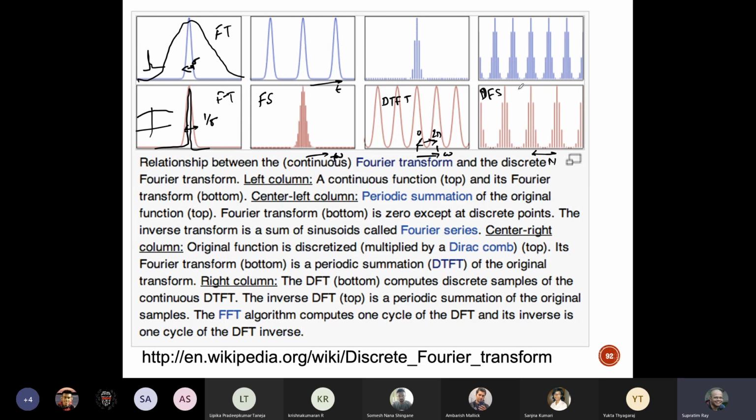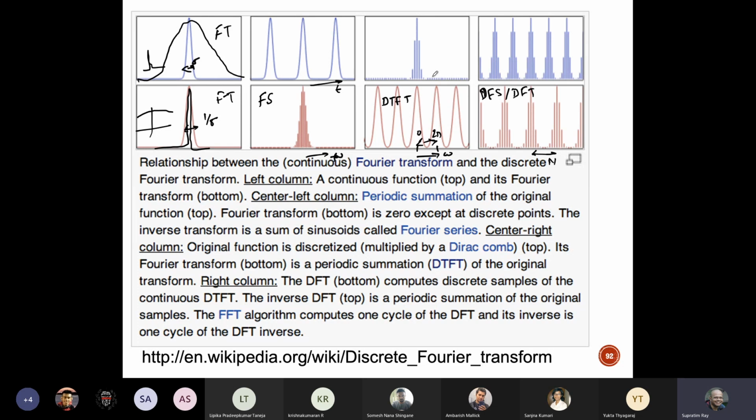And when you take the discrete Fourier transform, essentially that's what you are doing. You are sampling the DTFT at n points between 0 and 2 pi. And it happens to be the same as the discrete Fourier series of a periodic signal obtained by concatenating and translating the original discrete signal. So this is how they are related to each other.